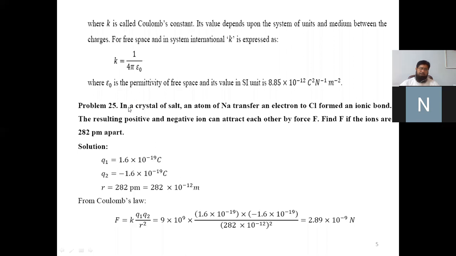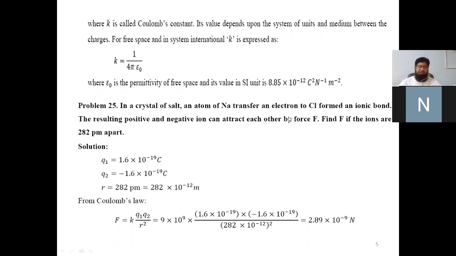For example, in a crystal, one example is the sodium atom. In the crystal of salt, an atom of sodium transfers an electron to chlorine, forming an ionic bond. You know that in the ionic bond NaCl, the electron is transferred to the chlorine.